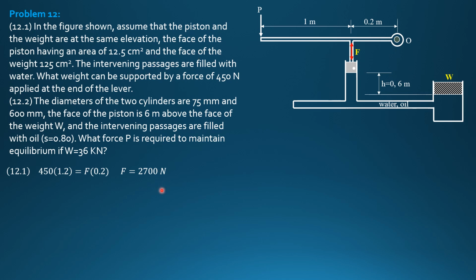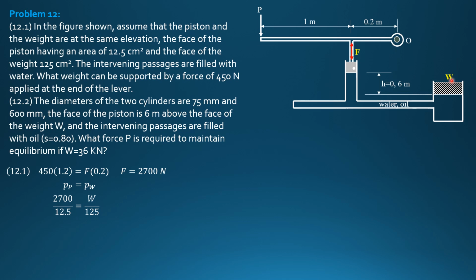Since on the first case they lie on the same elevation, they have the same pressure. So pressure under the piston equals pressure under the weight. Don't worry about the area units because they are the same, so they will just cancel. So pressure under the piston is 2,700 newtons over area 12.5 cm square equals weight over area, which is 125.